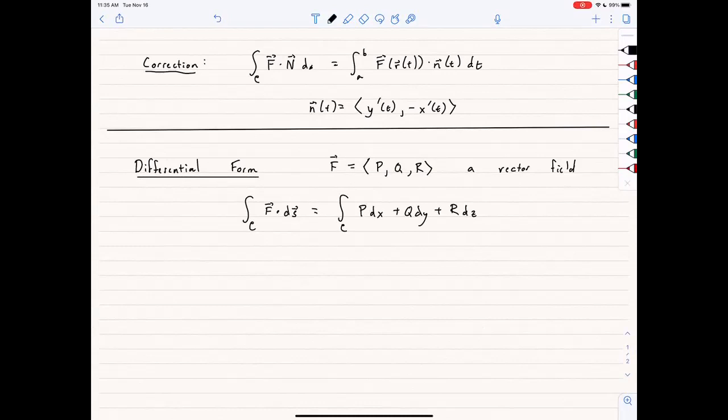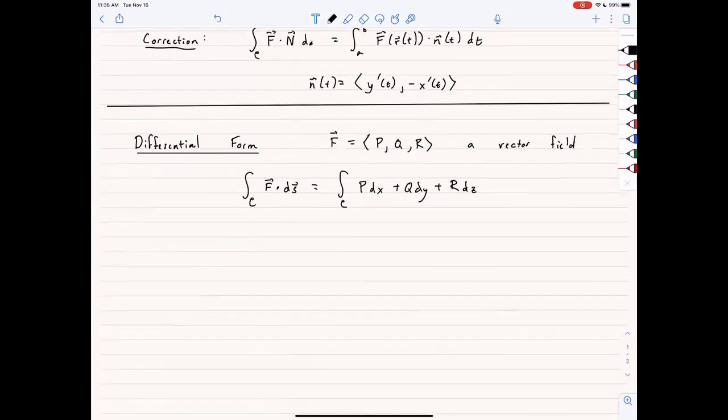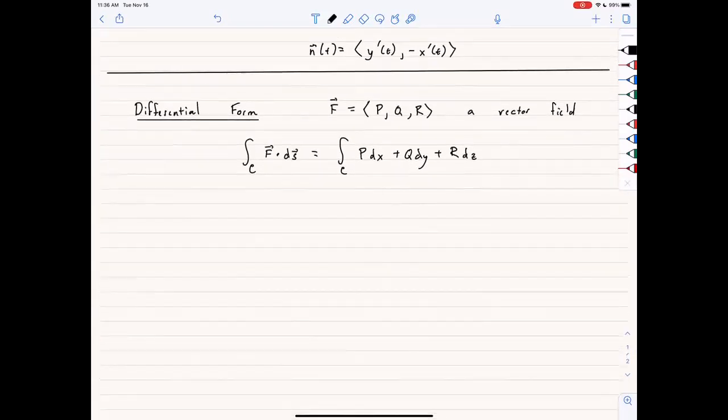The idea is you're dotting F with the velocity. You can think of dx, dy, dz as a velocity of a parametrization along the curve. So let's do a problem using this notation so that it's not totally unfamiliar.